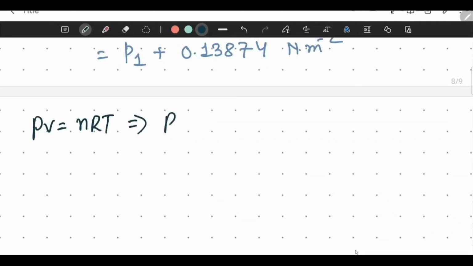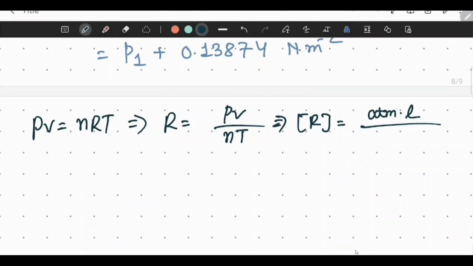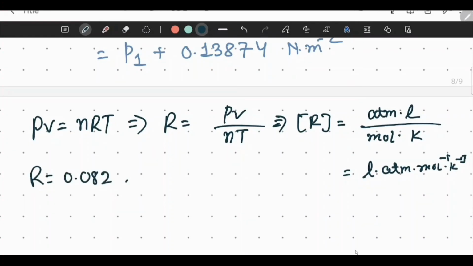So R is essentially PV by nT. So what will be the unit of R? Unit of P is, let's say, atmosphere, volume liter, n mole, and Kelvin. So liter atm mole inverse Kelvin inverse. And we know the value of R is 0.082 liter atm.